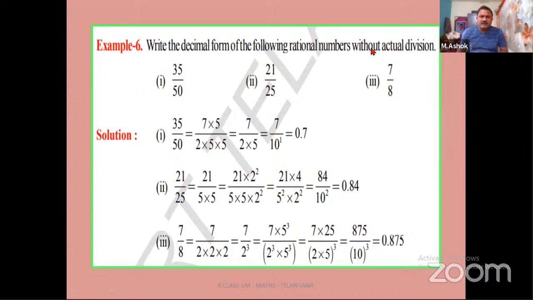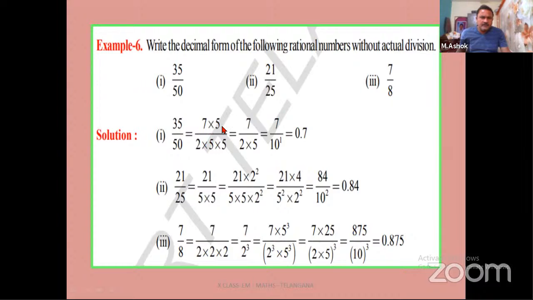Without the actual division, if you want to write the decimal form, the denominator should be 10, or 100, or 1000, or anything, meaning 10 to the power of 1, 10 to the power of 2, 10 to the power of 3 and so on. Then only can we write the decimal form without doing the actual division. Okay, 35 by 50, the first sum.